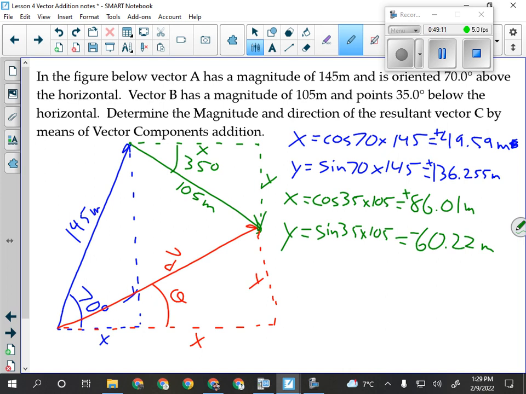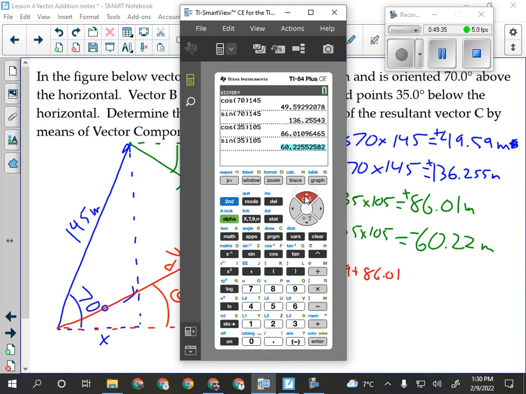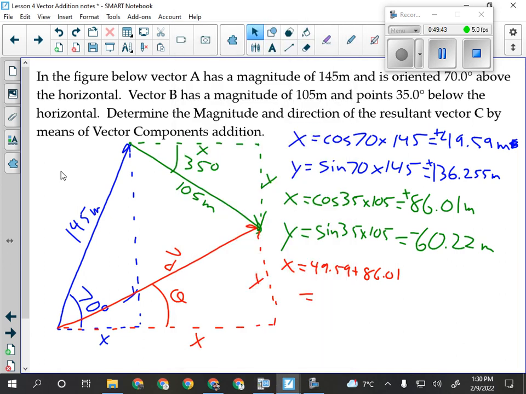All right, so now I've got all my x's and y's. Can I find my big triangle? So both x components go to the right. They're both positive, so all I have to do is add them together. 49.59 plus 86.01. I have to do that with all the decimals. So that's 135.6 meters, and that's positive.